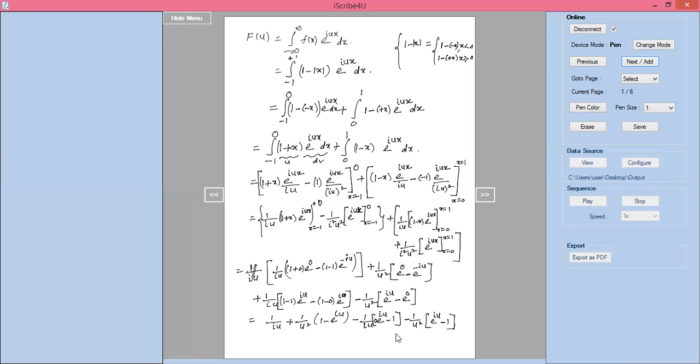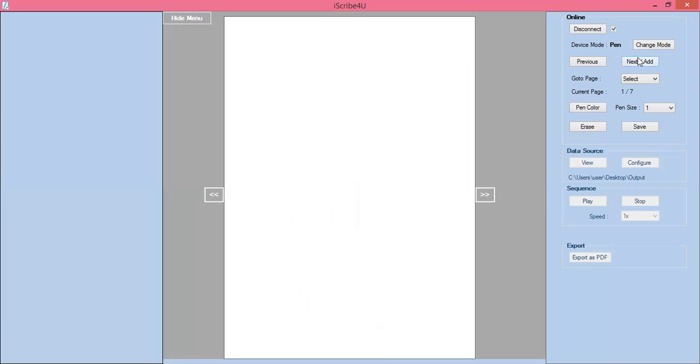You will get in the form of f of u equal to 1 divided by iu, plus 1 by u square into 1 minus e power minus iu, plus minus 1 by iu, minus 1 by iu minus 1 by u square into e power iu minus 1. If you simplify, plus 1 by iu minus 1 by iu get cancelled.